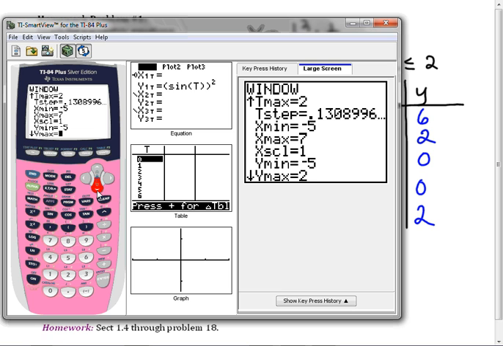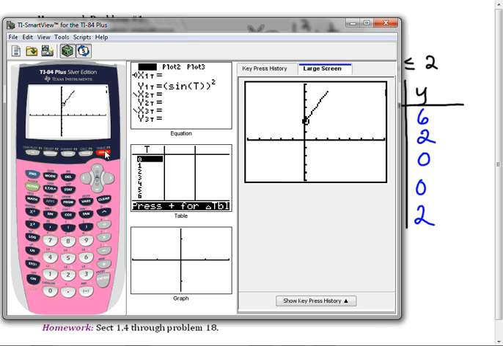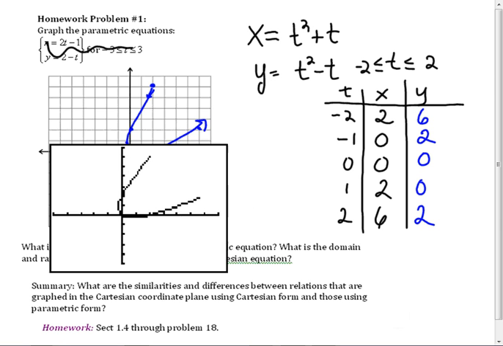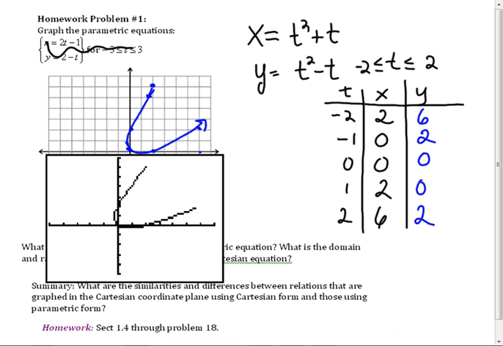And 7. Ready? There it is. My picture wasn't too bad. That was good. Now look at that. That's not bad.